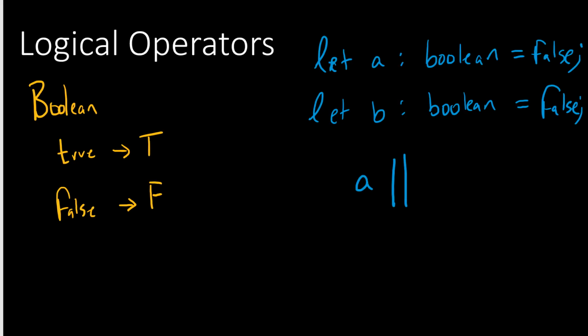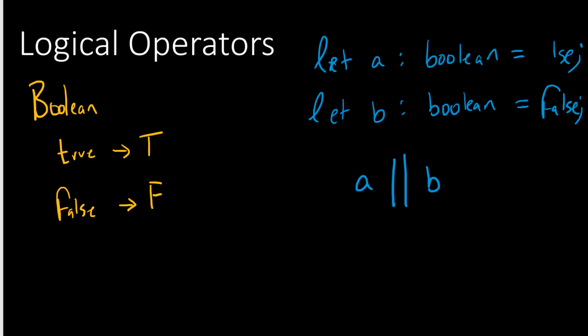So we might make a Boolean expression like A or B. And in this case, since we already have false assigned to both A and B, let's imagine false or false. False or false is also going to evaluate to false. The way that you get a true value out of ORing two Boolean values is when either or both sides are true. All right? Either or both.